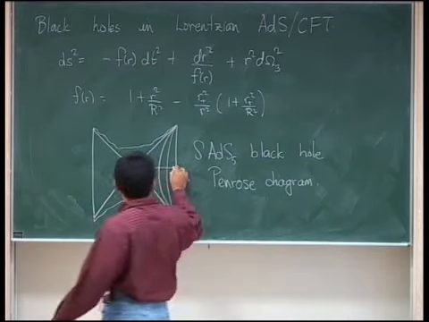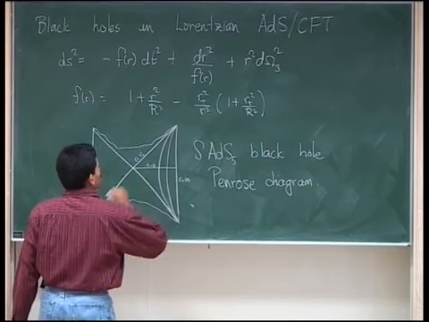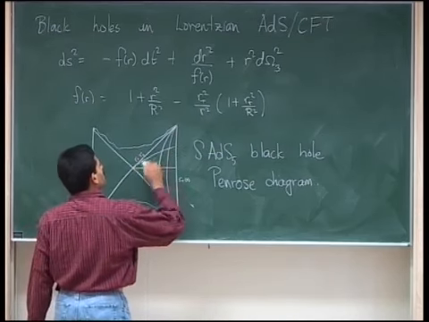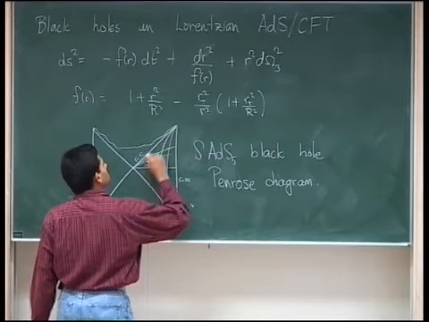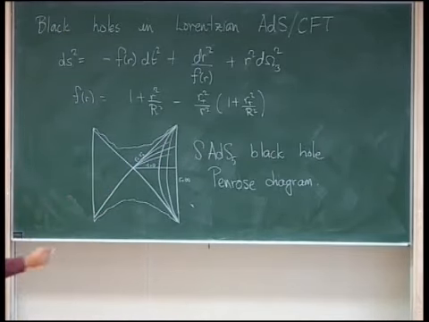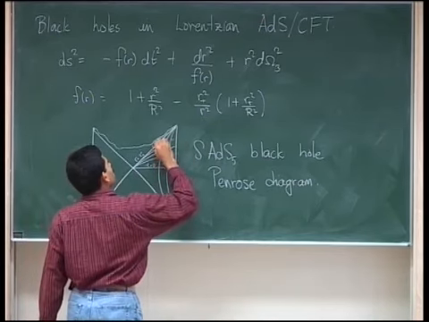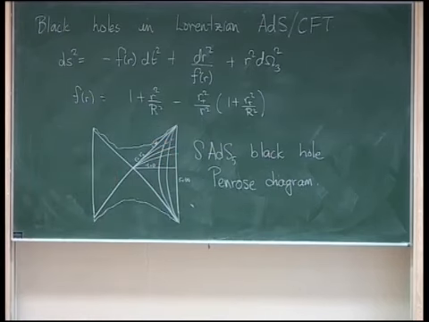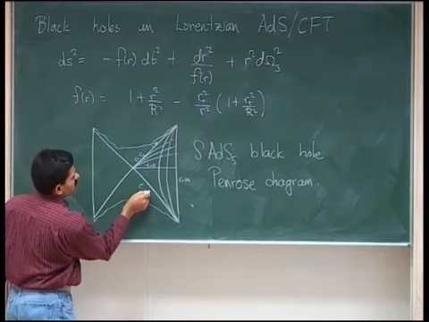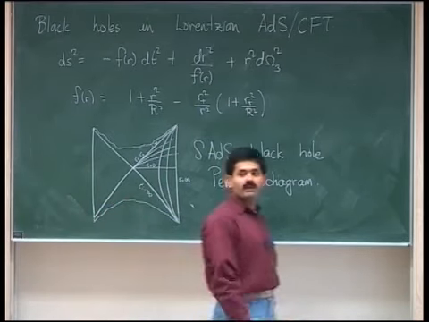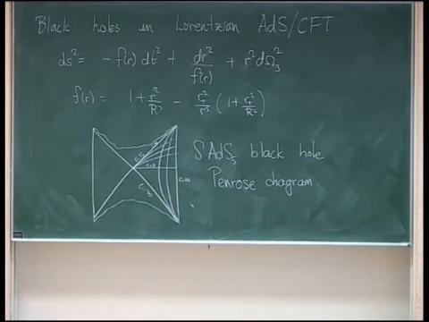The constant time slices in this geometry, they march up in this fashion with t equals infinity being the future event horizon and t equals minus infinity being the past event horizon.